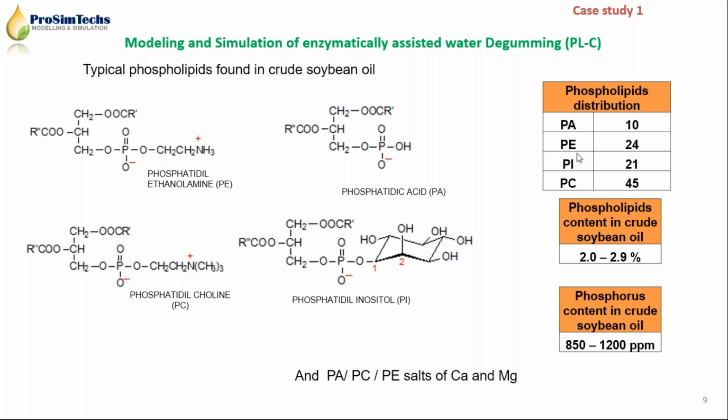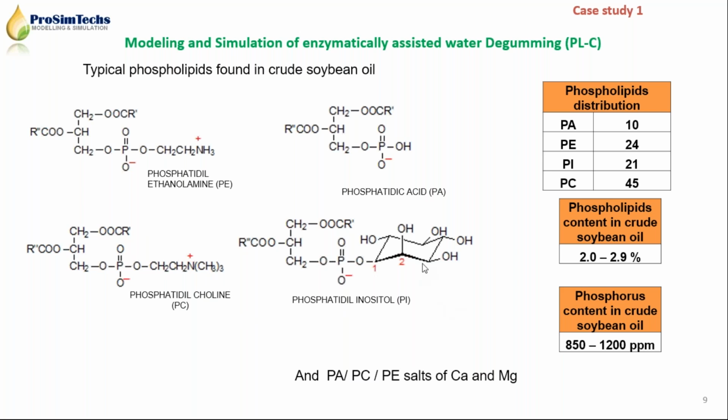But we also have the calcium and magnesium salts, and these salts are mostly related to phosphatidic acid and, to a lesser extent, to phosphatidylethanolamine and phosphatidylcholine.